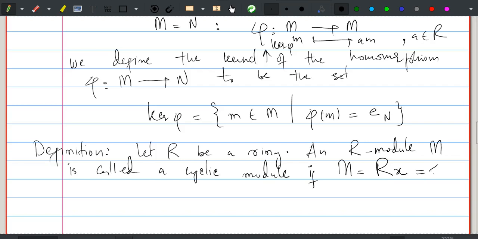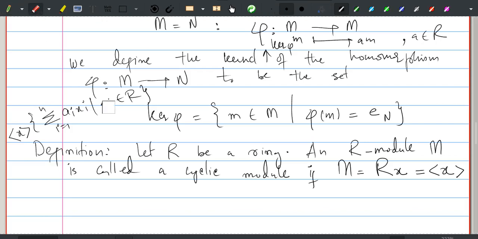By Rx we mean the group generated by the element x. This Rx consists of all finite sums of the form a_i x_i, where i runs from 1 to n and these a_i are in R. So this is a cyclic module.